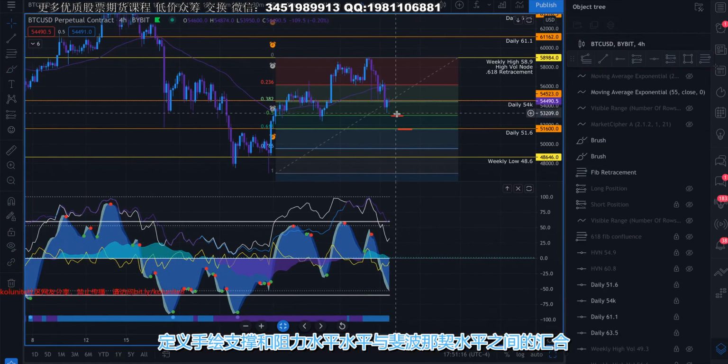Another thing we can use is volume. Okay, so if we see that we have an area of very high volume, sorry about that, guys, for example right in this zone here, we also have a very high volume node right here, right? We can see a very high volume node.